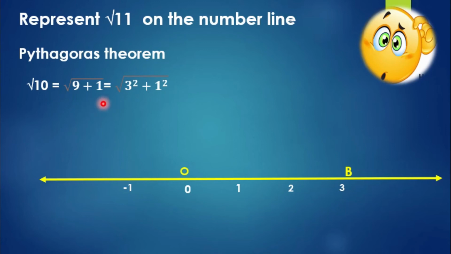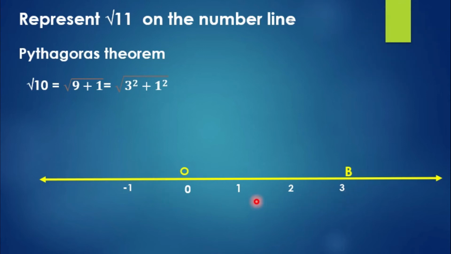Here square root of 9, which is the perfect square nearest to 10, can be written as square root of 3 square, that is nothing but 3. So we can take 3 as the base of the Pythagoras triangle and 1 unit as the height. Now the hypotenuse of the triangle will give us the square root of 10.